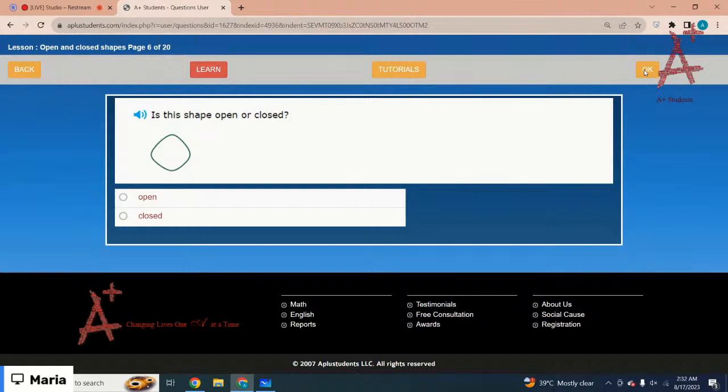Is this shape open or closed? The shape is closed, right? If you trace the shape, you start and end at the same point, so that is the closed shape.